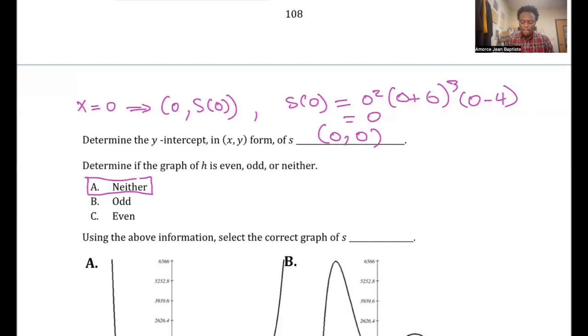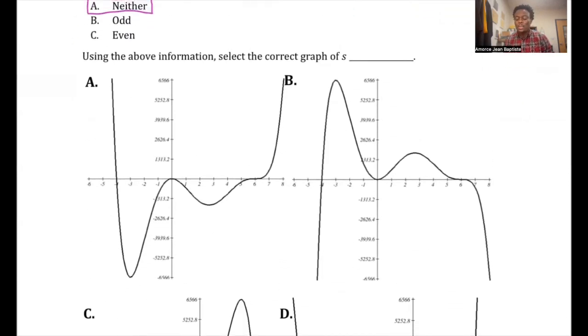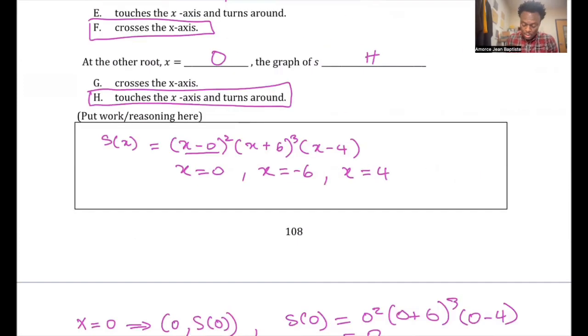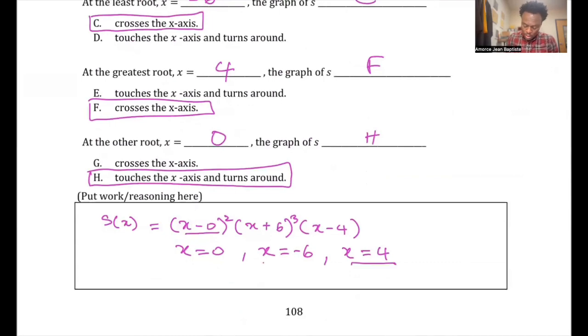Now we have the graphs here. We're going to identify which graph is closer to being the correct graph of that function that was given to us. First, we need to identify the zeros. The zeros were 4, -6, and 0.